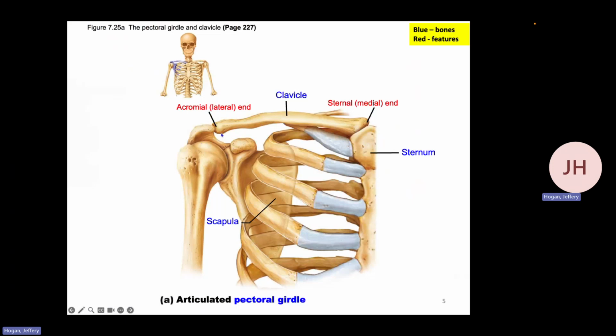So this acromial or lateral end, you need to use the word acromial on your exams, right? So the acromial end here is attached to the acromion process of the scapula, which comes forward and covers the top of the head of the humerus there, right? And the sternal end, of course, connects to the sternum. So that's pretty easy right there, all right?